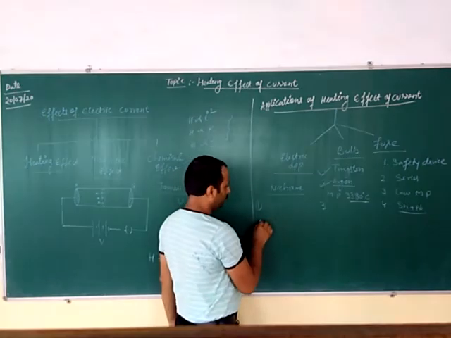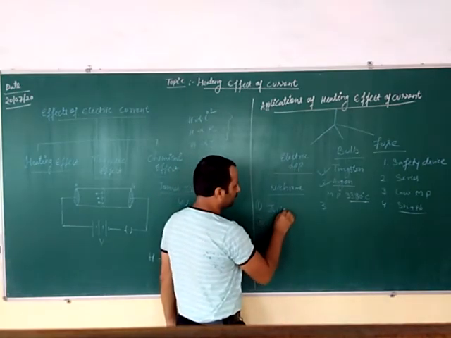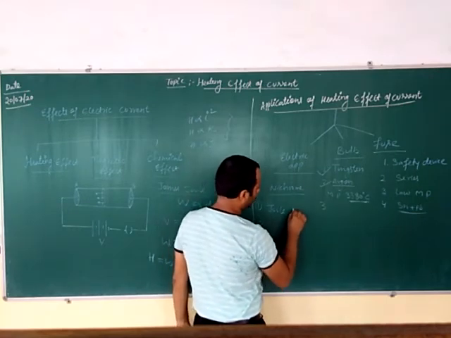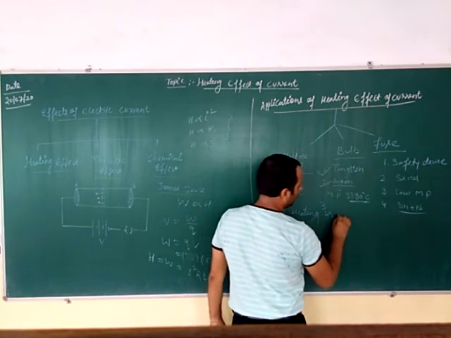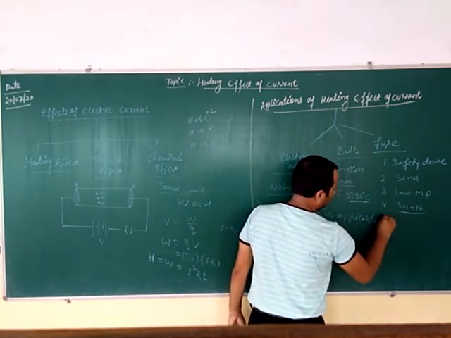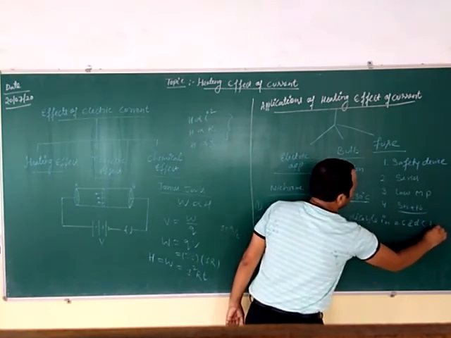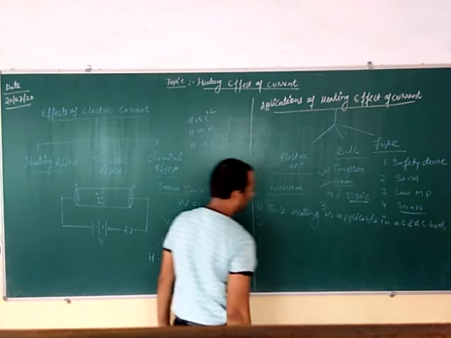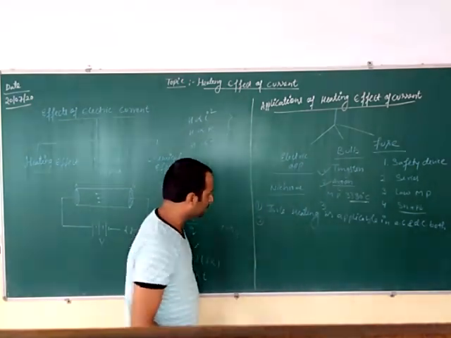One or two points which you have to remember: first, Joule heating is applicable in AC and DC both. So this concept is used in AC as well as DC.